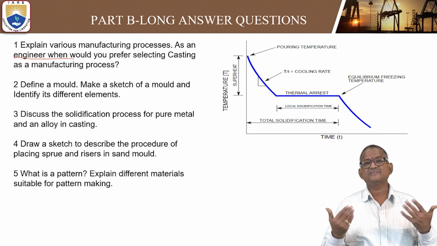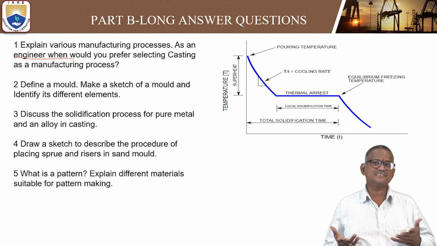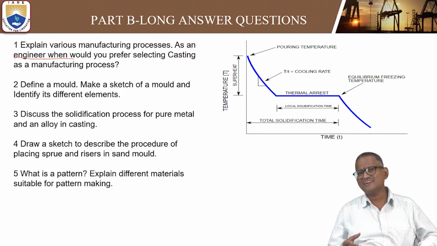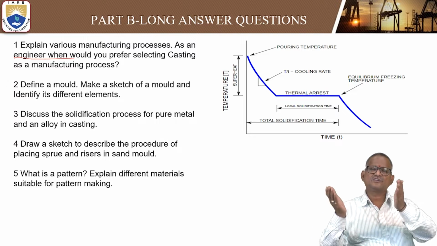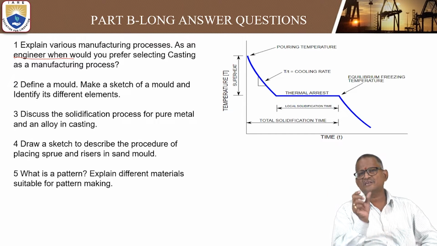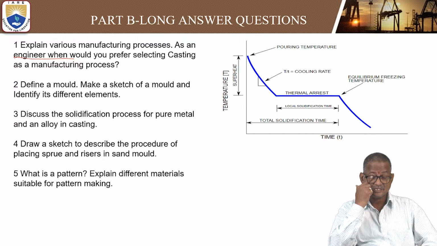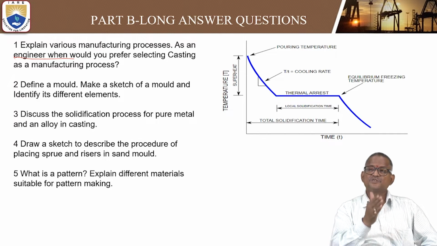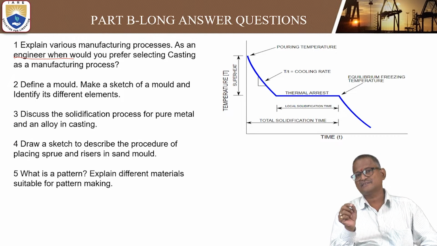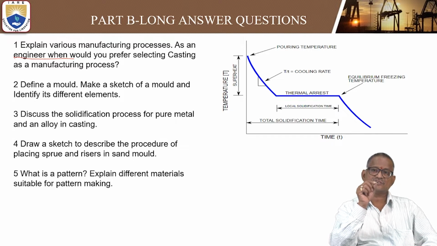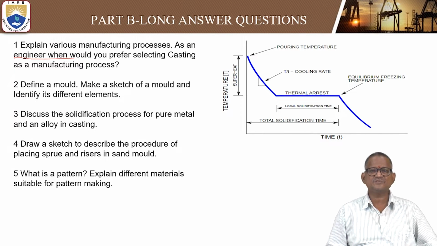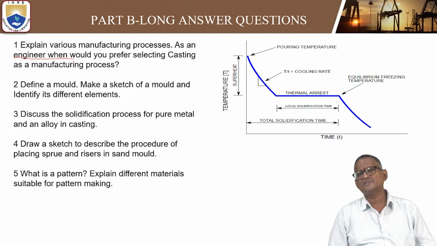And also: define a mold, make a sketch of a mold and identify its different elements. So this is a general casting mold. There will be a drag and cope and the mold cavity inside, and there is a gating system: sprue basin, sprue, runner and gate. Designing of the gating system can also be added, depending upon the marks allotted.